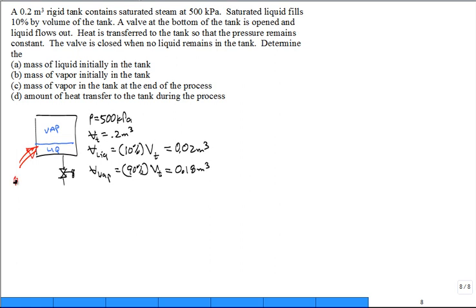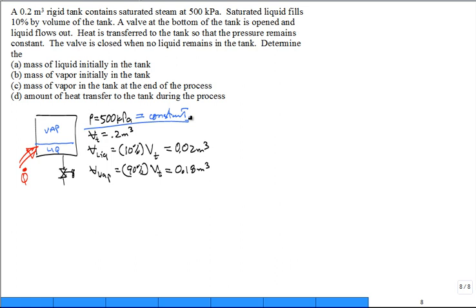Q dot is a heat transfer to the tank. It's happening per unit second, so it's a rate of heat transfer to the tank so that the pressure remains constant during that process. So this is what they're going to make constant during the process. The pressure is constant in the tank.